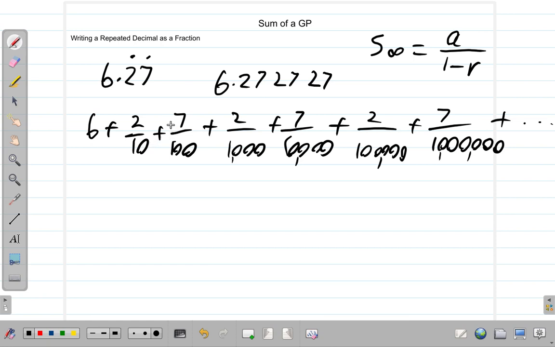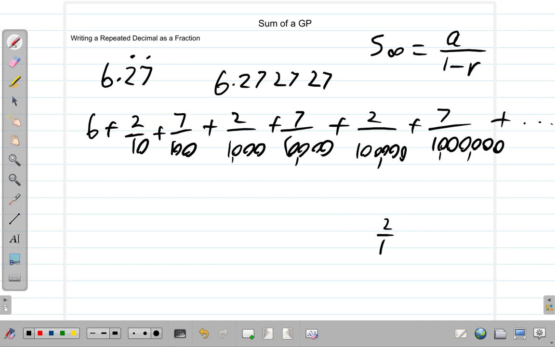But what we want to do here, since we're going to be finding the common ratio, we want to have the same number repeating itself. Here you had a 2, then a 7, then a 2, then a 7. Let's combine the 27 together. This 2/10 plus 7/100, what does that amount to?